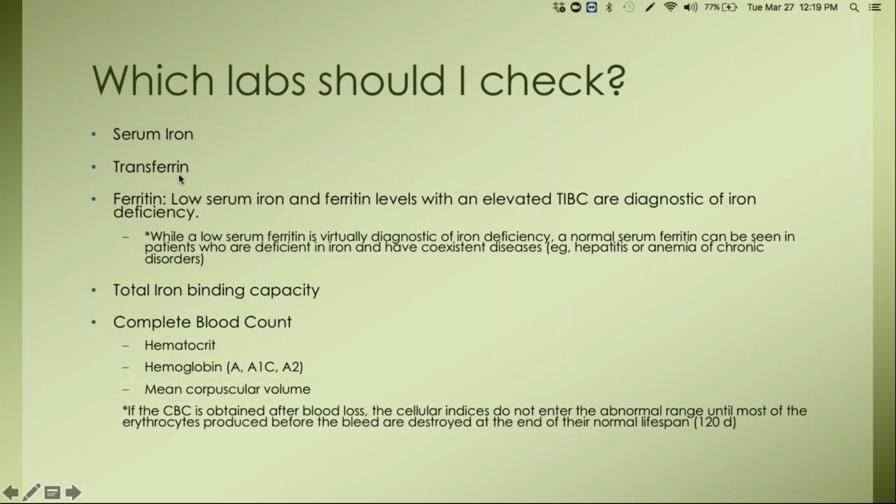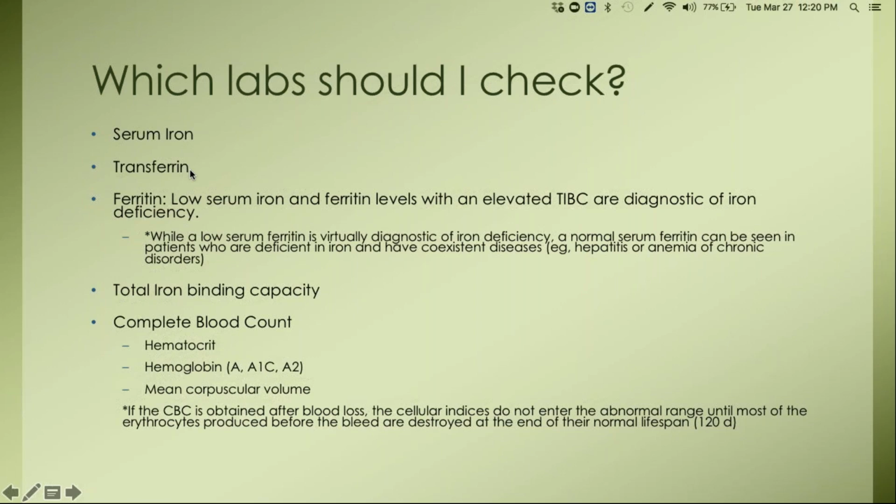So transferrin is a protein that you can order in the VirtualClinic laboratory where it will give you some idea of how much iron is in the plasma being carried in the blood by a protein. Okay, so transferrin.